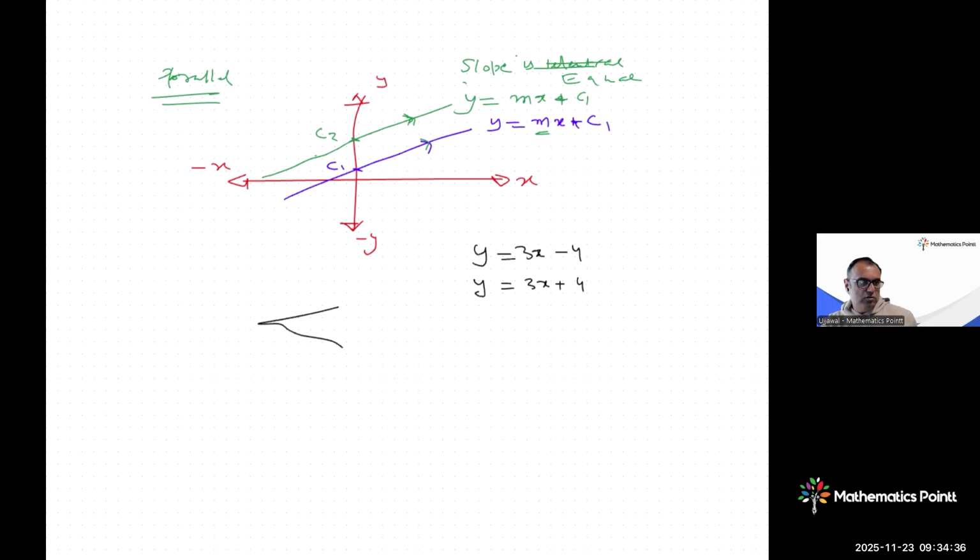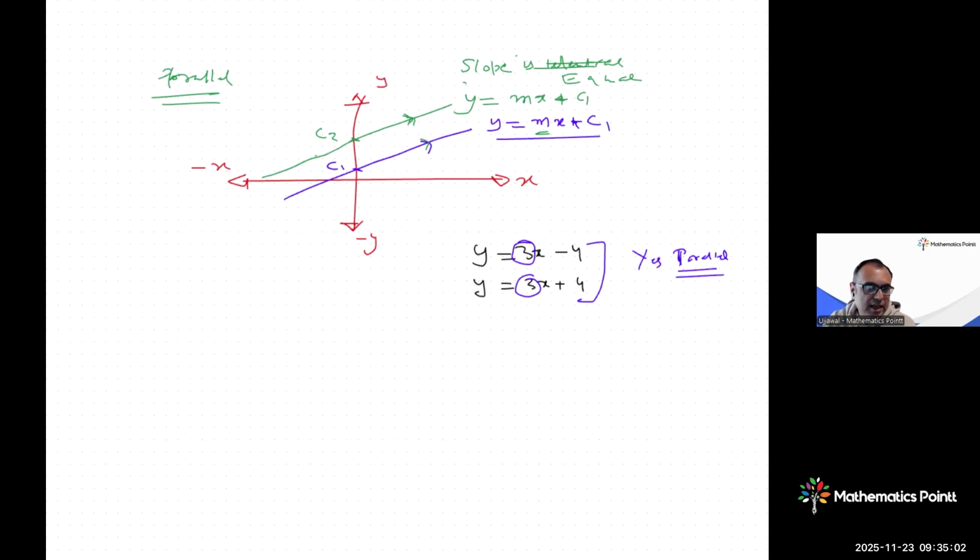So I'll quickly check: 3 here, 3 here. And I'll say yes, they are parallel lines. Now, one word of caution. Your equations must be exactly in this form.